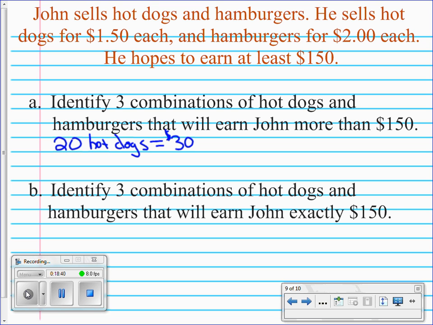Well, 60 hamburgers, 60 times $2 would be $120. All I would have to do is make it a 61. The 61 would now be $122. And I made $152. Any combination of hot dogs and hamburgers that would total more than $150.